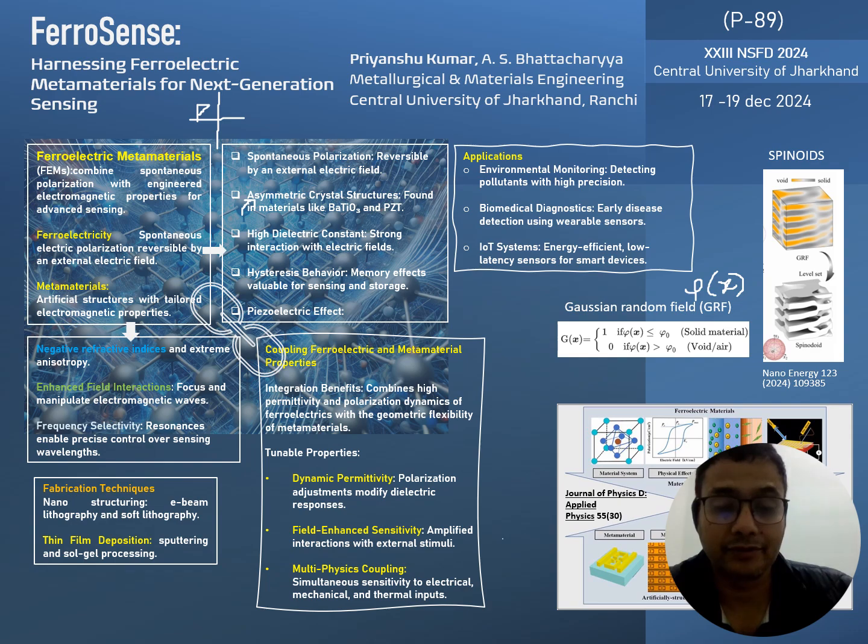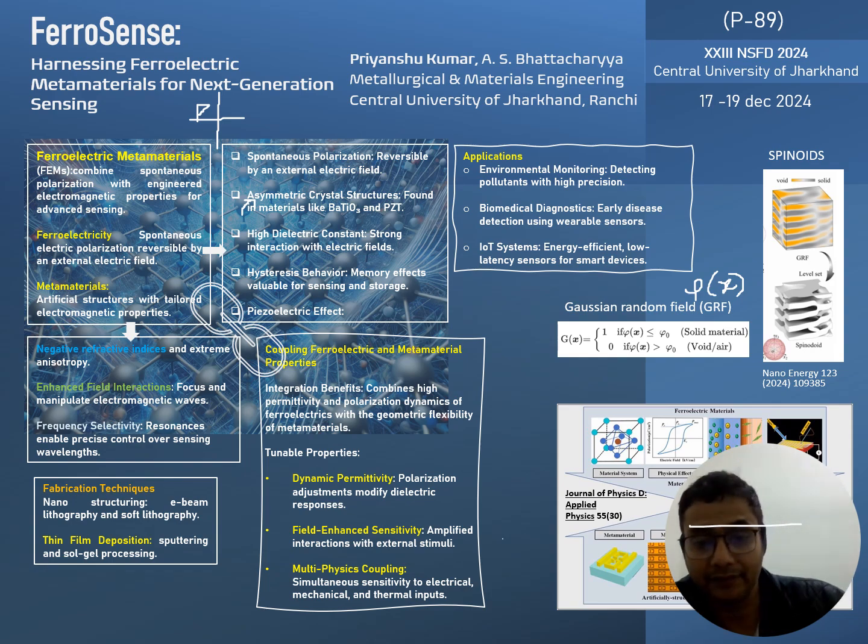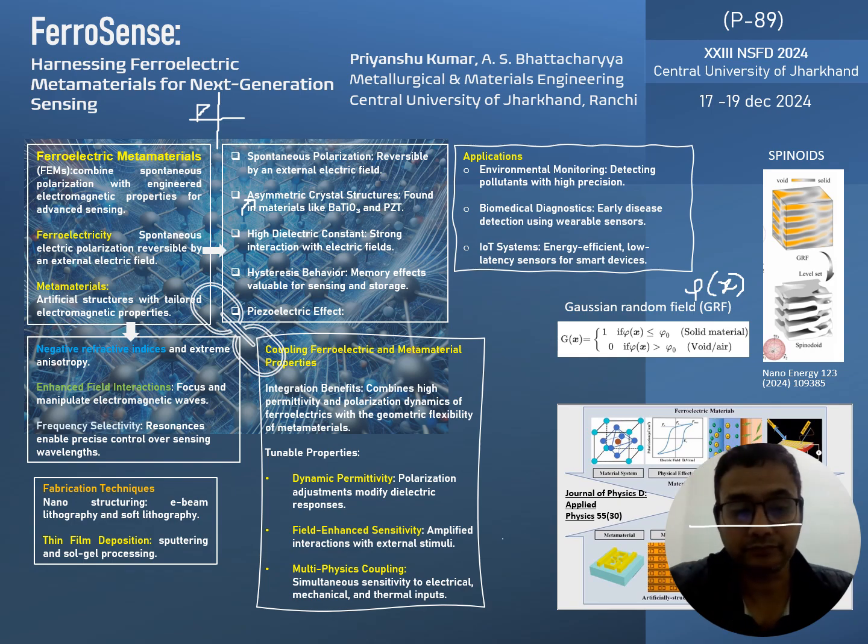So this corresponds to a porous ferroelectric material. Similar to this, we can also have different types of ferroelectric material for different applications, like the one shown here, where a metamaterial has been used in the case of an atomic force microscope.